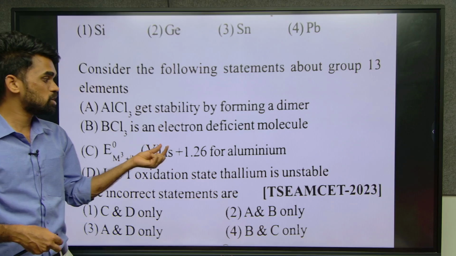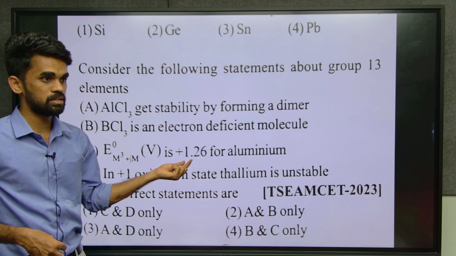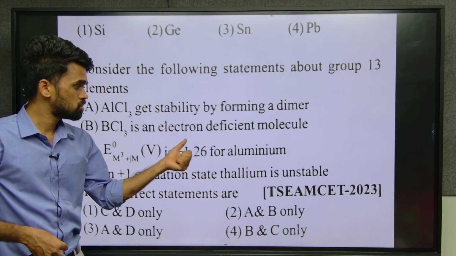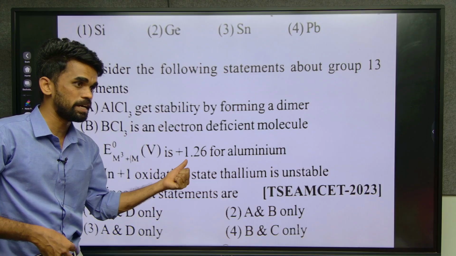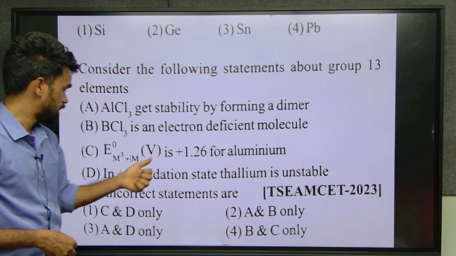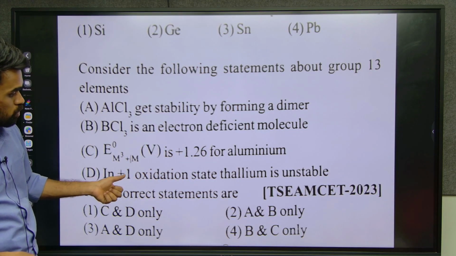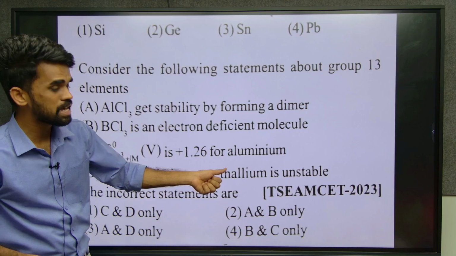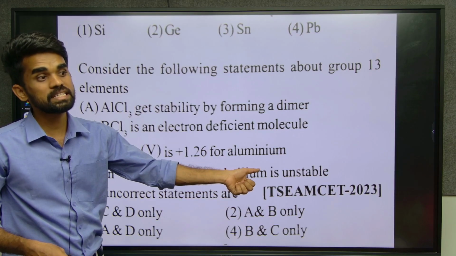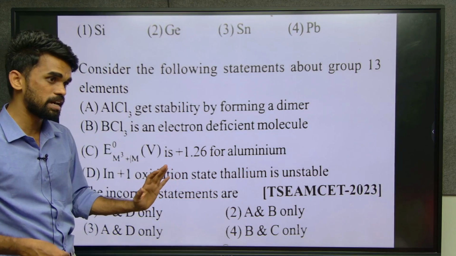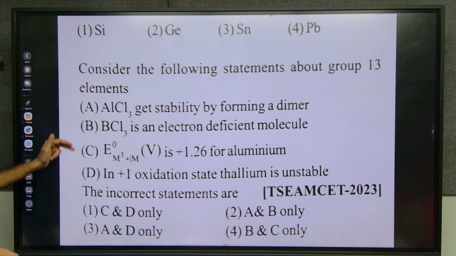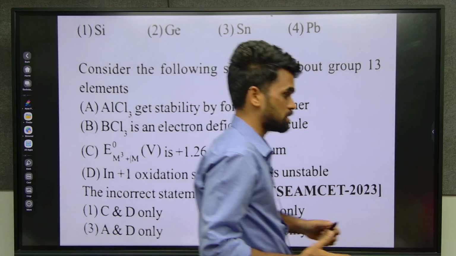See, reduction potential should be negative for metals. They mentioned it as positive, so it is incorrect. For aluminum it should be a negative value. Next, in +1 oxidation state, thallium is unstable. It is stable. So what are the 2 options incorrect? CD. So option 1. All these are clear. You can practice if anything remaining.